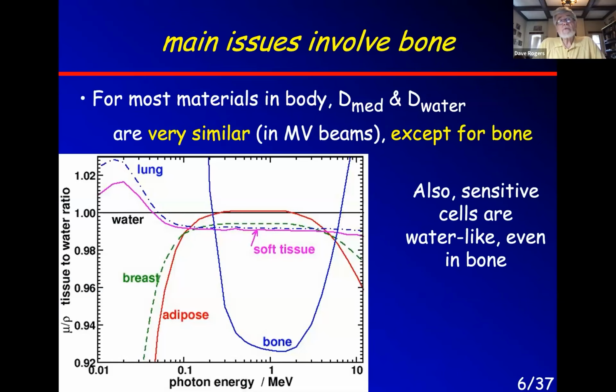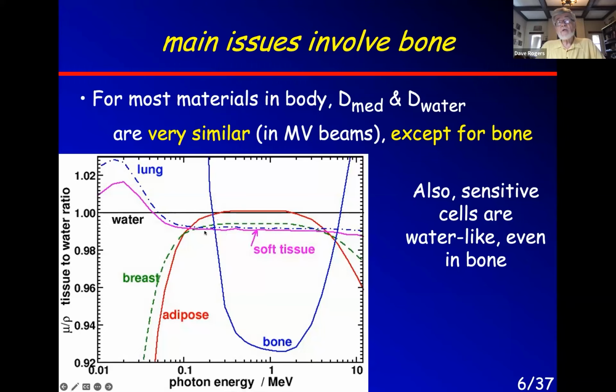So this slide is just meant to show that the main issues involve bone. And that's because if you look at this curve here, for the soft tissues, we're looking at the mass attenuation coefficient for tissue to water.